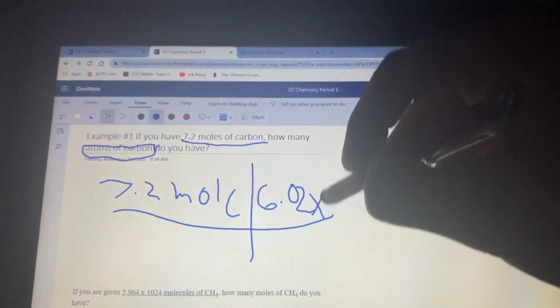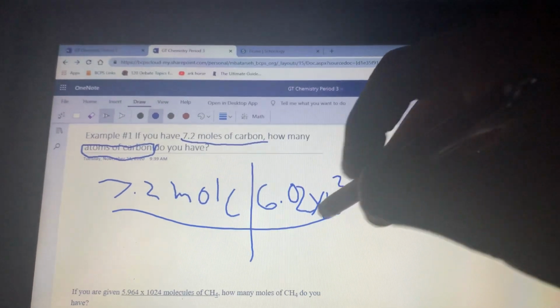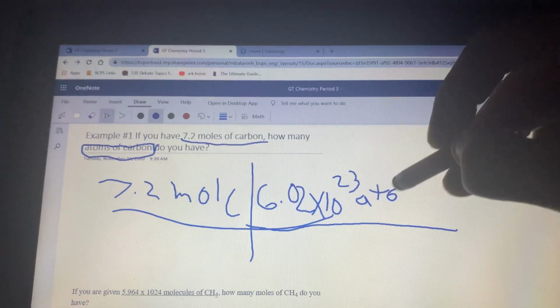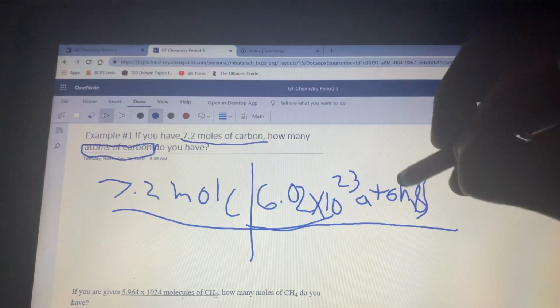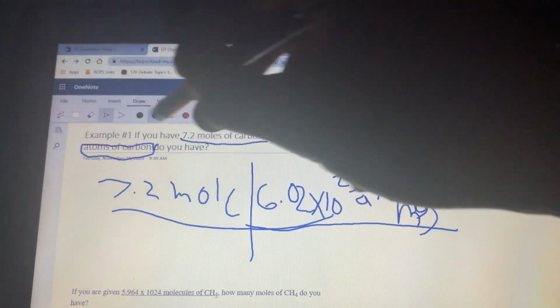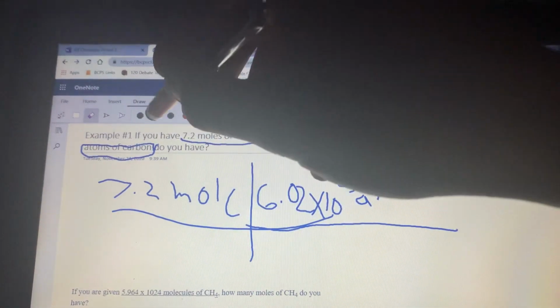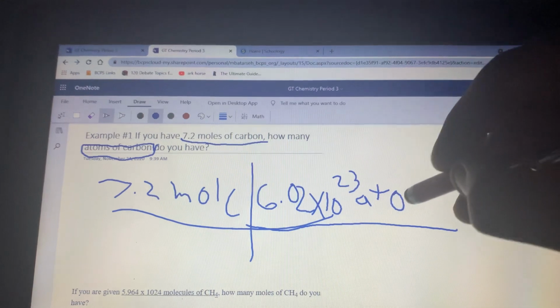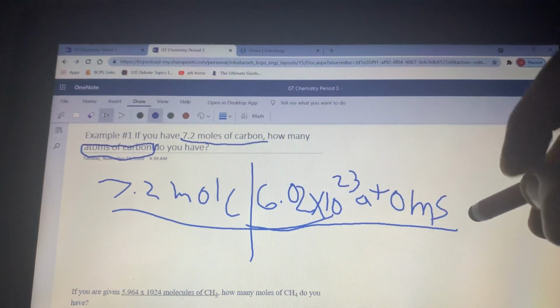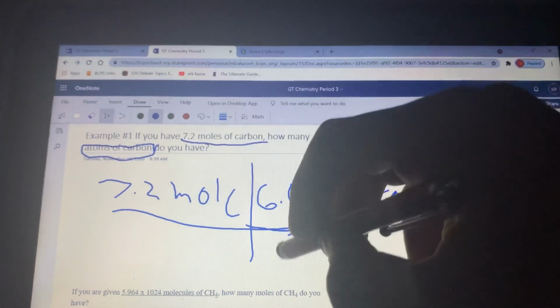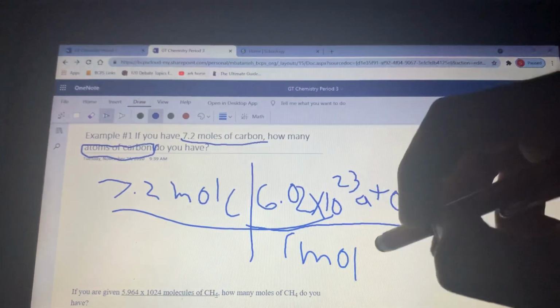6.02 times 10 to the 23rd atoms of carbon per, you have to always remember, per 1 mole of carbon.